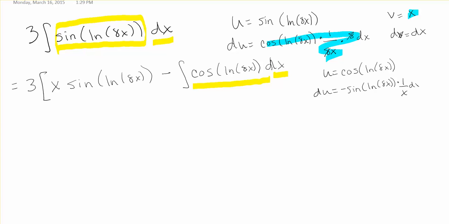And then you'll have your dx. Of course your dv is equal to dx, which means that v is just x. You should see there's going to be a similar pattern happening here. We still have the 3 in front.